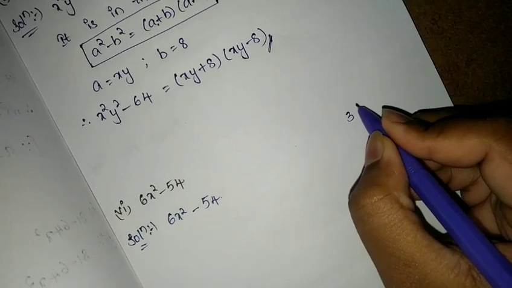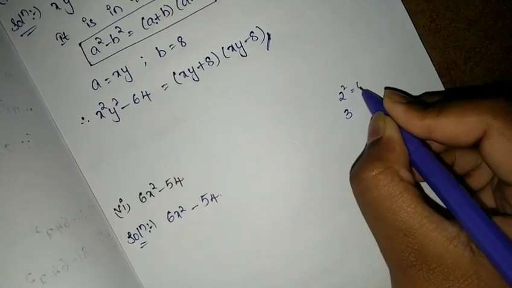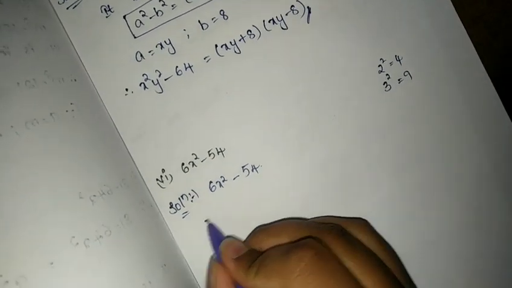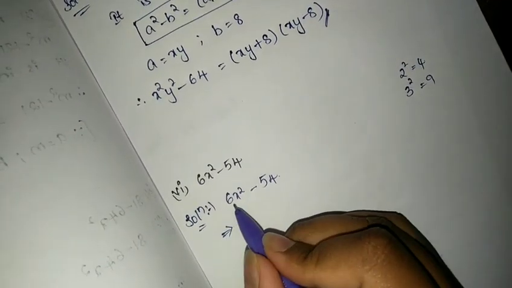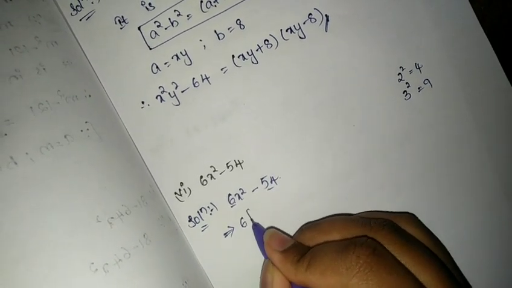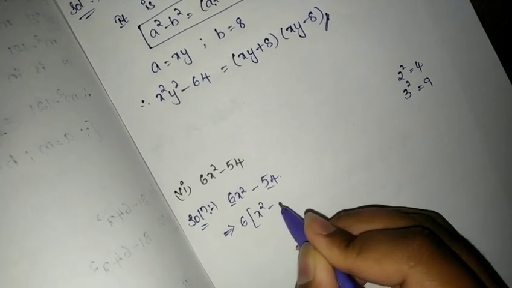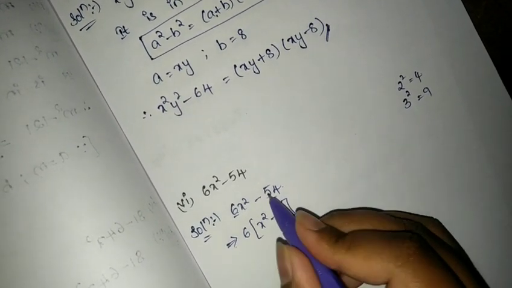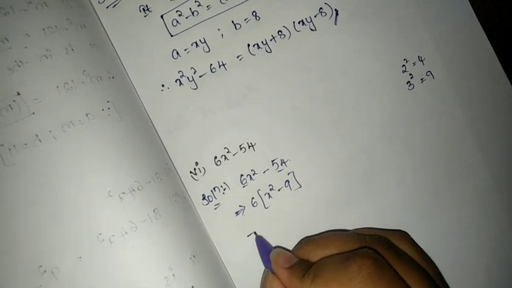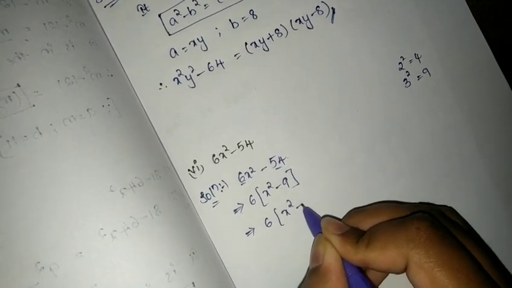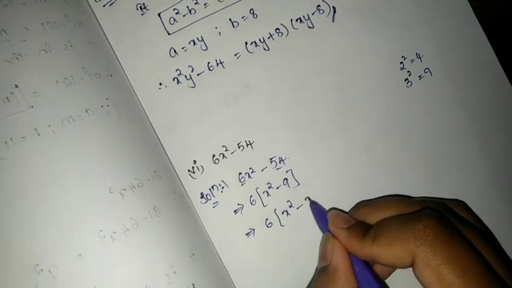For example, 2 square is 4, 3 square is 9. So for this problem, first we take 6 common from these two terms, then we have x square minus 9. 6 nines are 54. So next step is 6 into (x square minus this 9, we can write as 3 square).